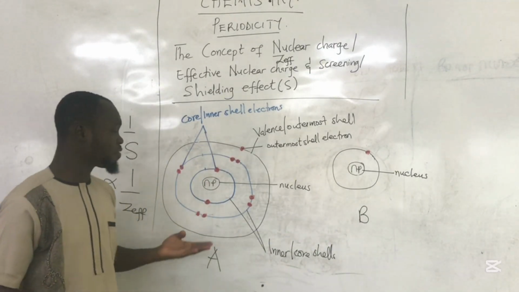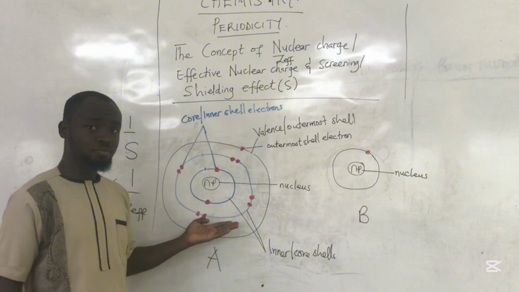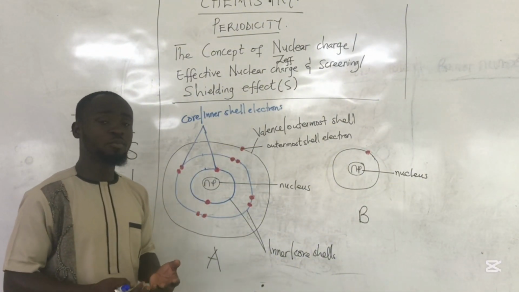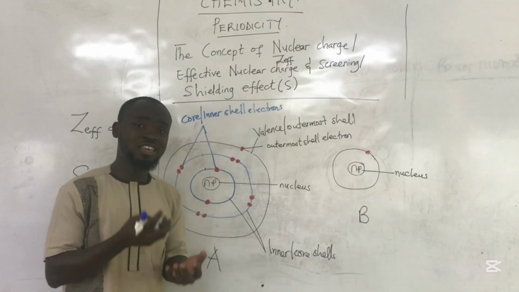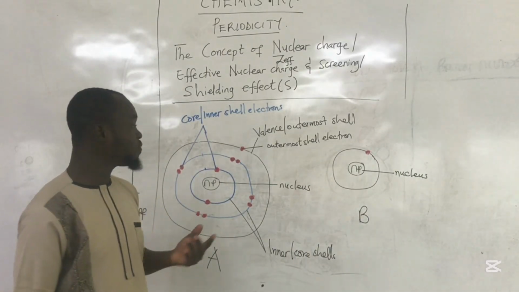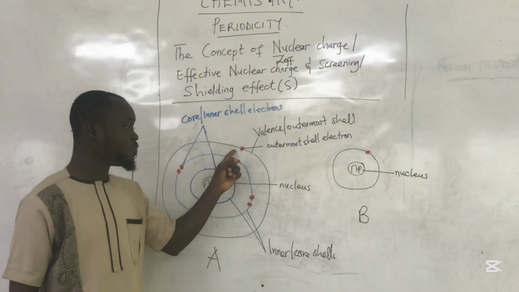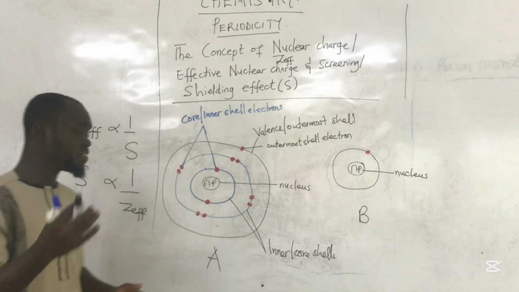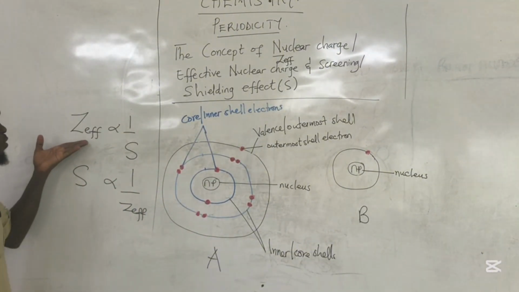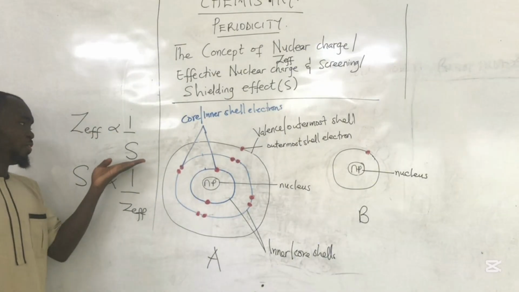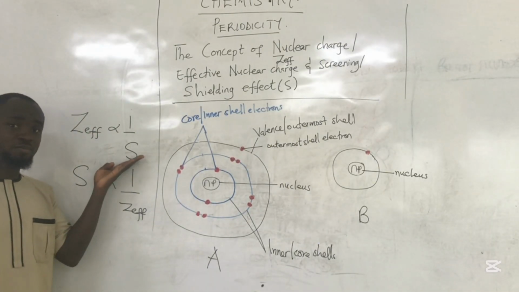So anytime there is more inner shells, there will be more inner shell electrons, and this will bring a greater reduction in attraction and blockage, and therefore the net nuclear attraction on the valence electron will be small. So we say that mathematically, effective nuclear charge increases only if there is a reduction in blockage.